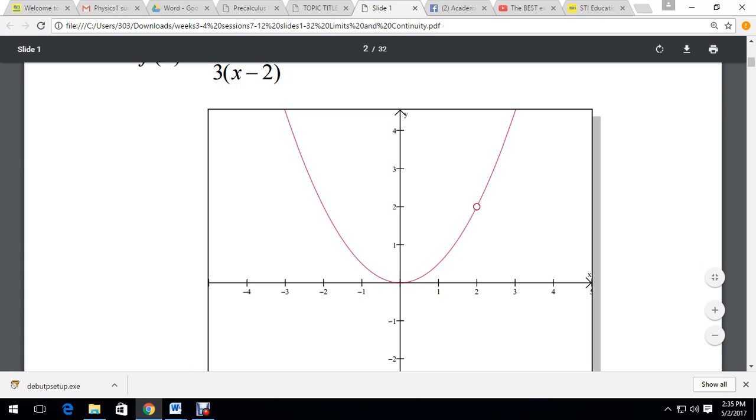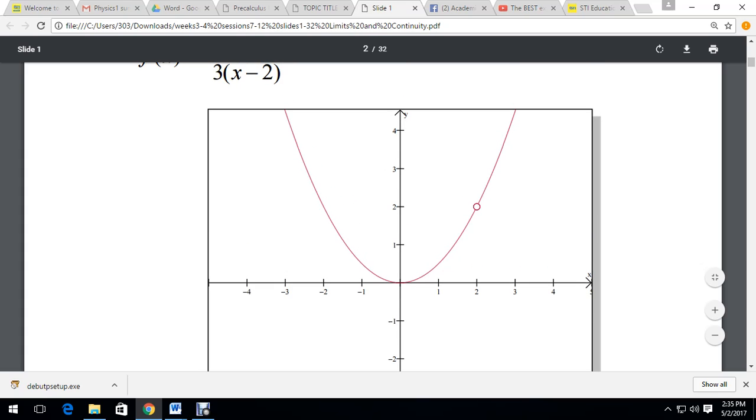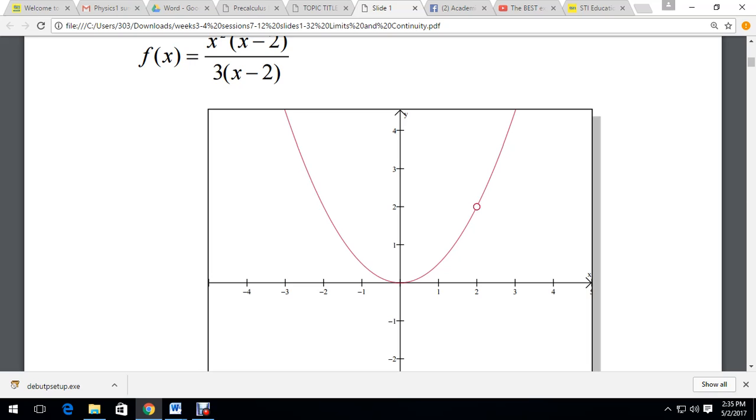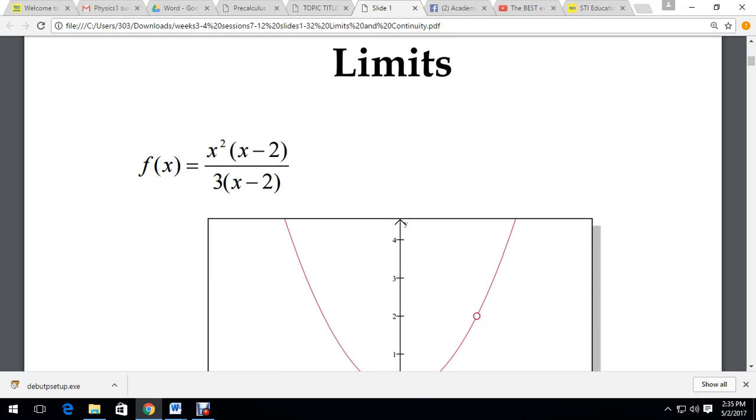The function has values continuously at any given point, except at the value of x equals 2. And what is illustrated here graphically is that 2 is a limit value for x, and it's supposed to point out that the value corresponding to the y value should point to the limit value for f of x.